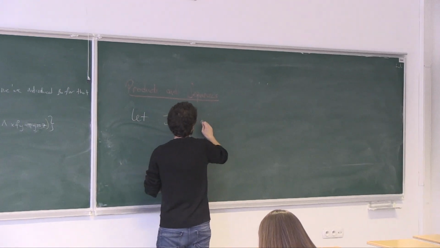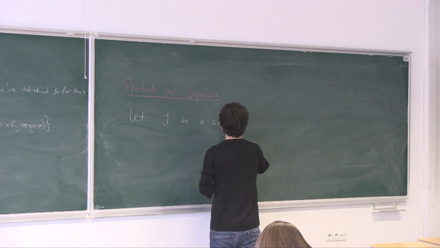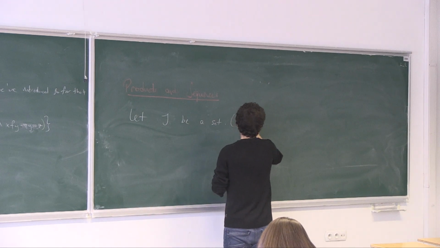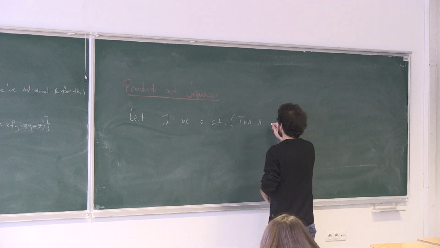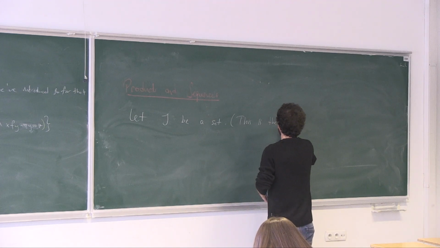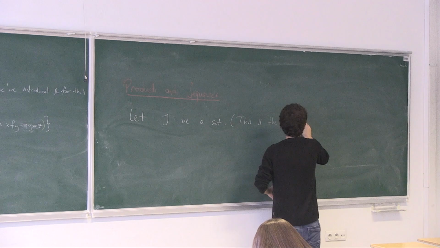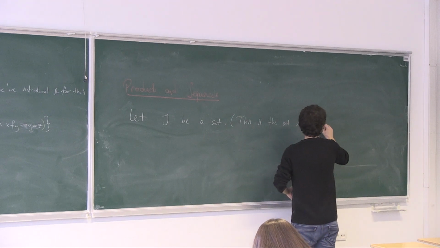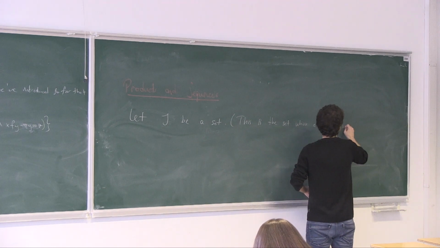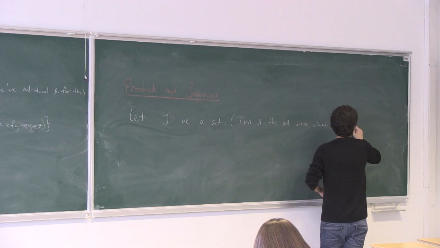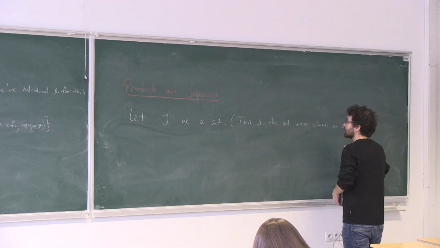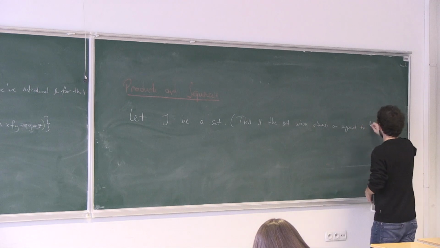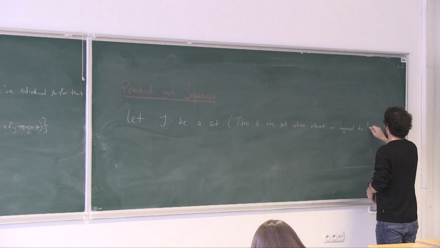Let J be a set. So this J is the set whose elements are supposed to be multiplied.